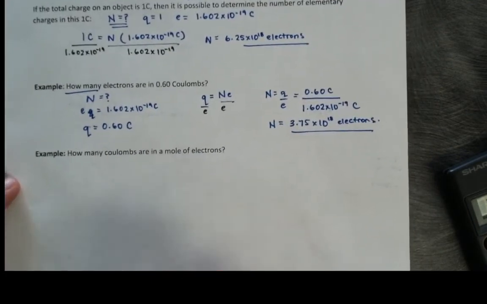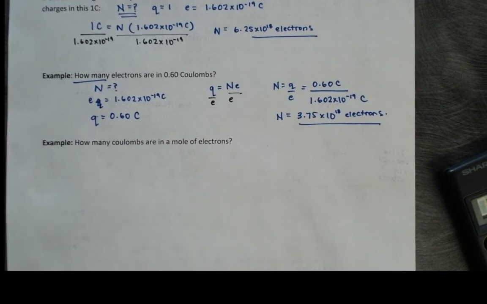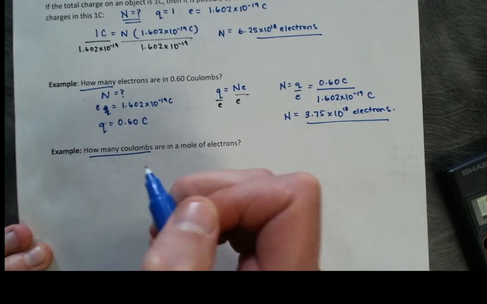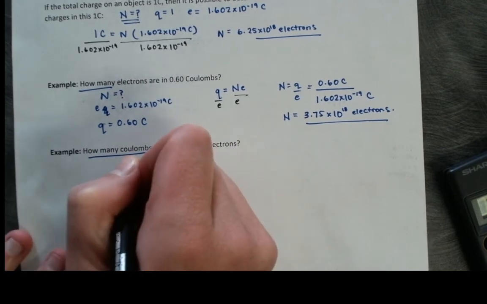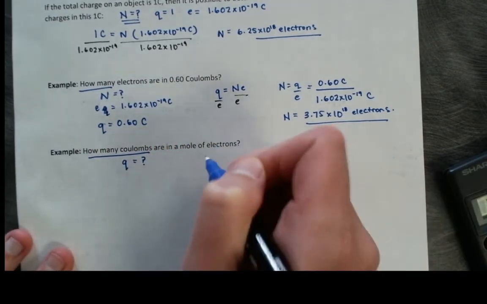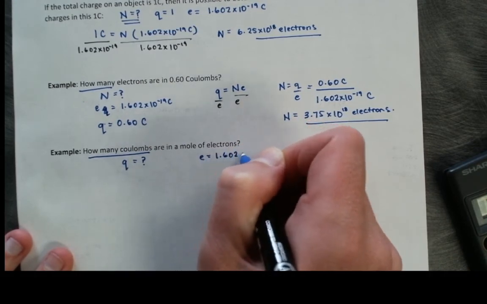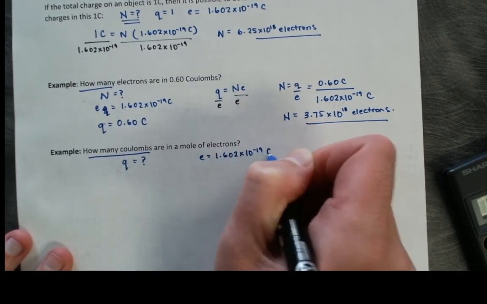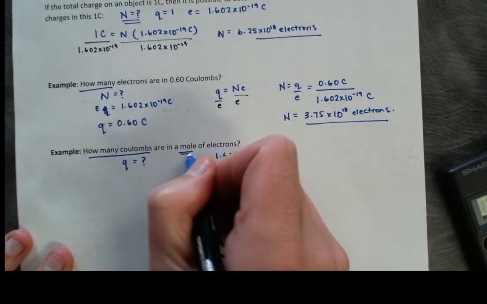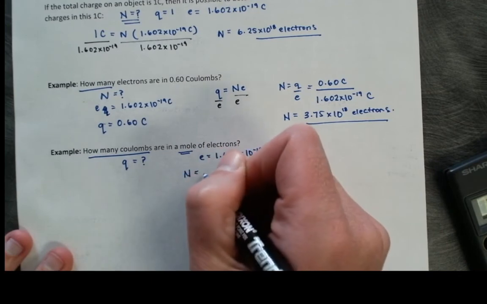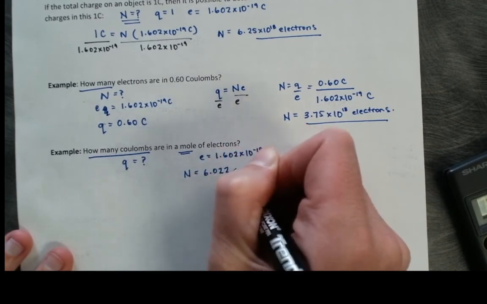How many coulombs are in a mole of electrons? This is for you chem folks. How many coulombs? We are looking for Q. Our elementary charge is this, and a mole. Well, how much is a mole? Avogadro's number.